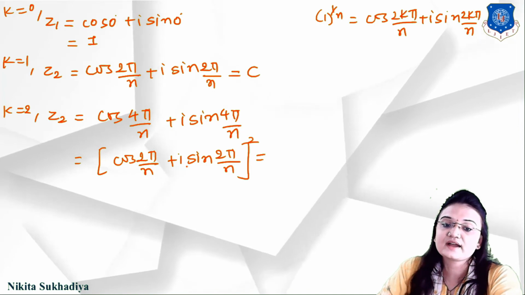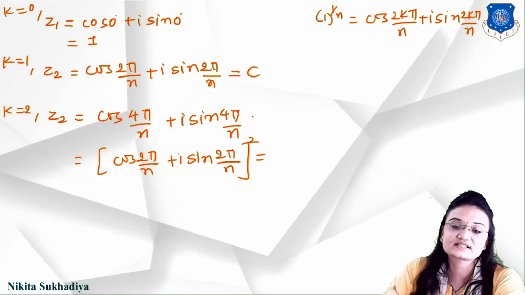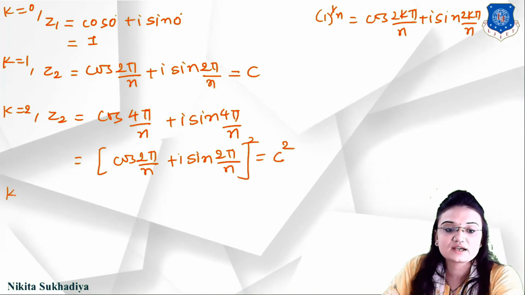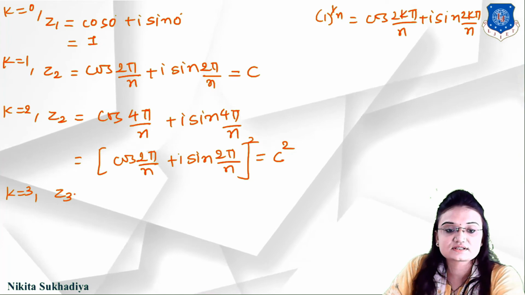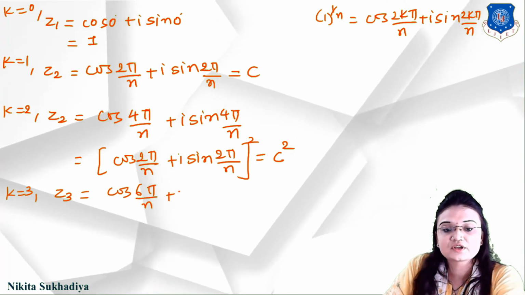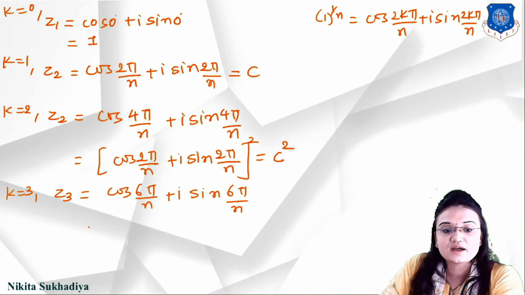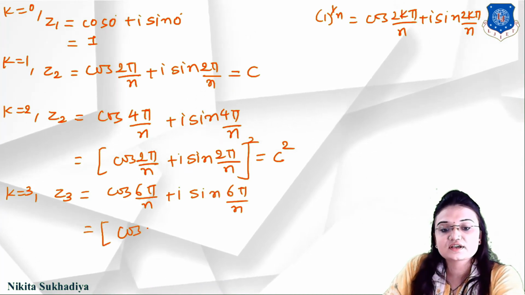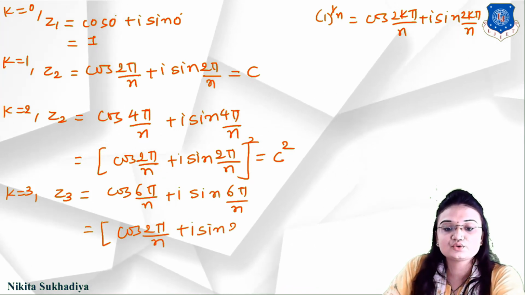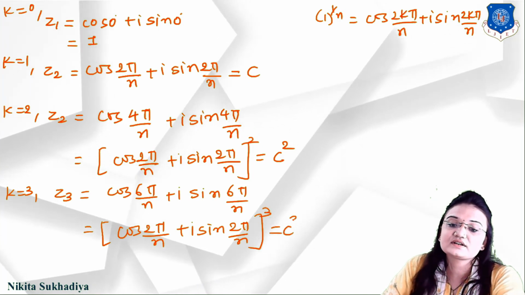But cos 2π/n plus i sin 2π/n is c, so this is c squared. Put k equal to 3, so this is cos 6π/n plus i sin 6π/n. According to De Moivre's theorem, we can write it as (cos 2π/n plus i sin 2π/n) cubed, and this is c cubed.